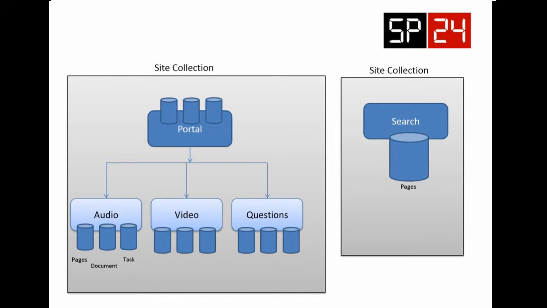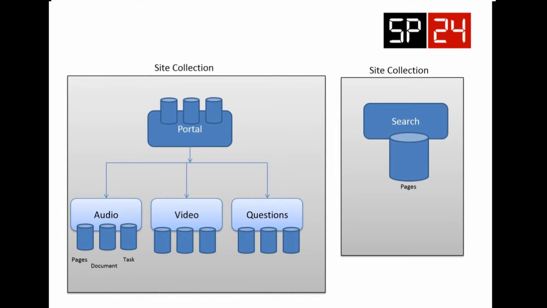There are two different site collections which I'll be focusing on. The first site collection has a root site collection called Portal, and it has three sub-sites, namely audio, video, and questions. The second site collection is enterprise search, and we'll be touching on that soon.